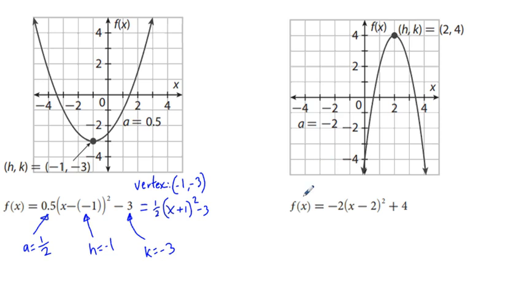Now let's look at the parabola on the right. We have a equal to -2. Well, the negative sign means we're turning it upside down, and this 2 here is going to stretch the parabola by a factor of 2.